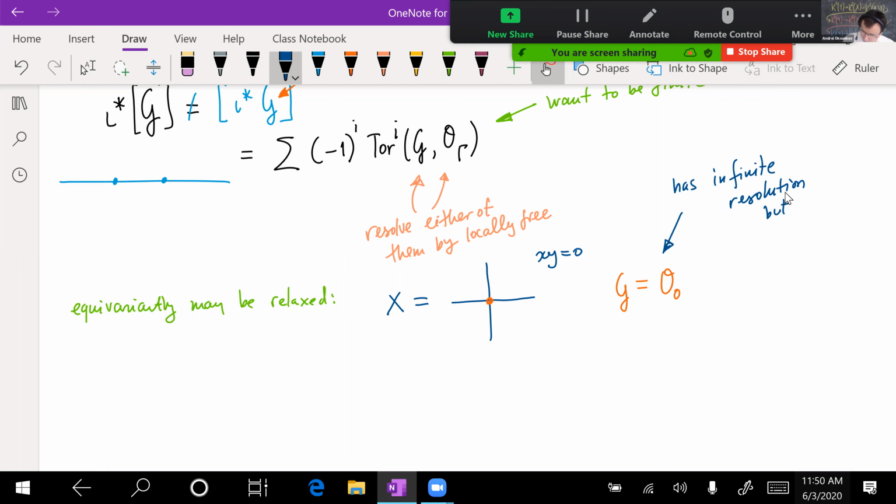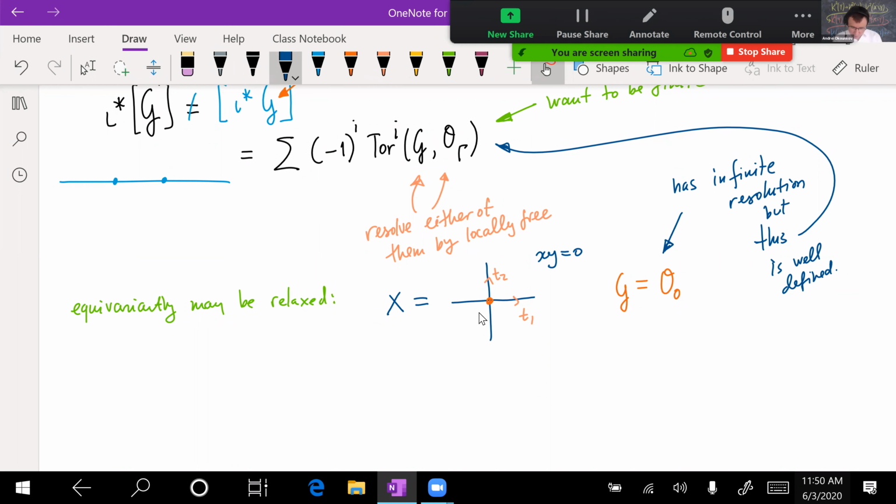But if you think of how the group acts, in fact there's a two-dimensional group acting here, but for the sake of argument, let's assume you scale both of them by different things. Then the character of this operation is well defined.